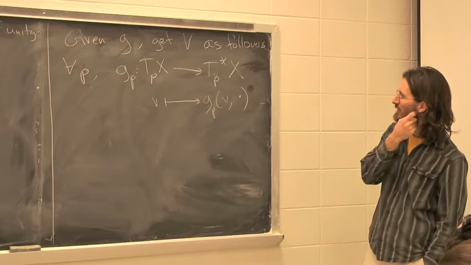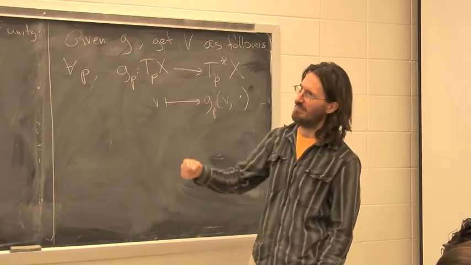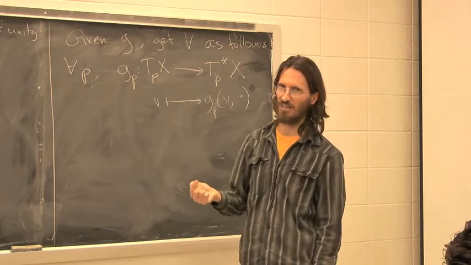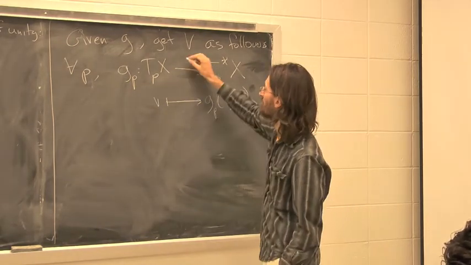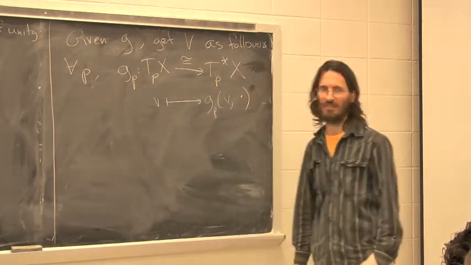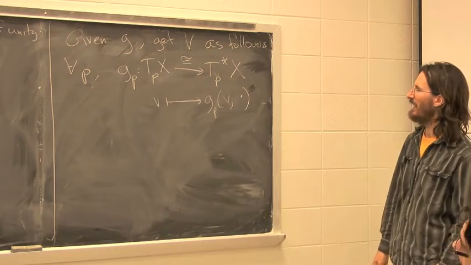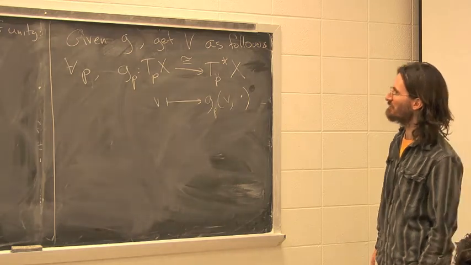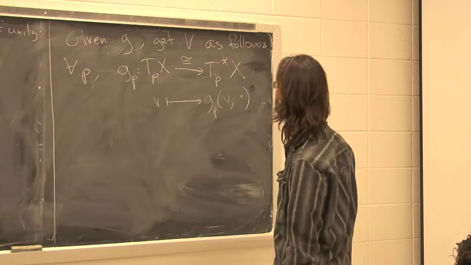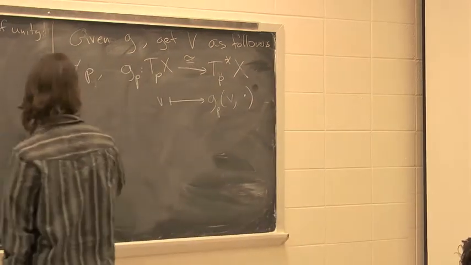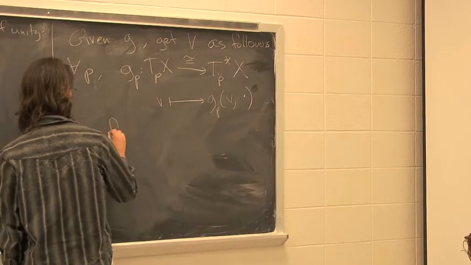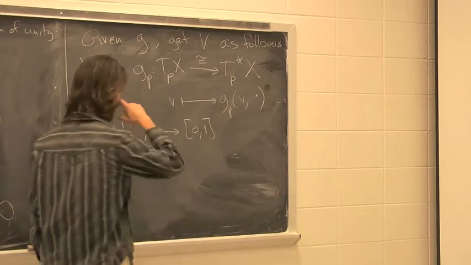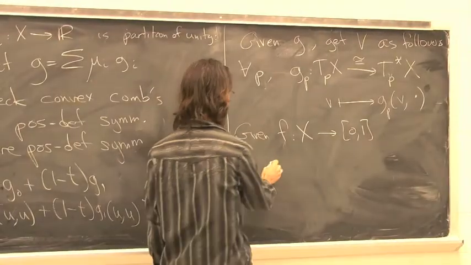That's the standard construction, and the property of being an inner product guarantees that this is an isomorphism. And so it's an isomorphism, and now given your function f from X to [0, 1], you get the differential of it, df.